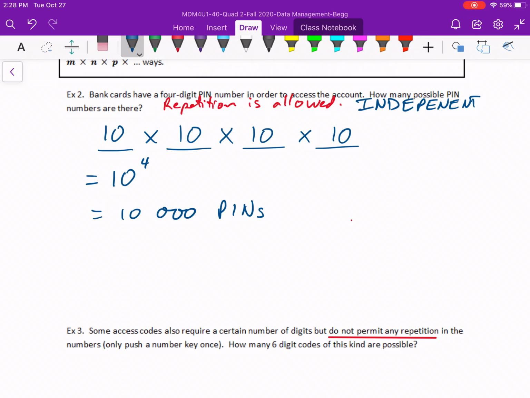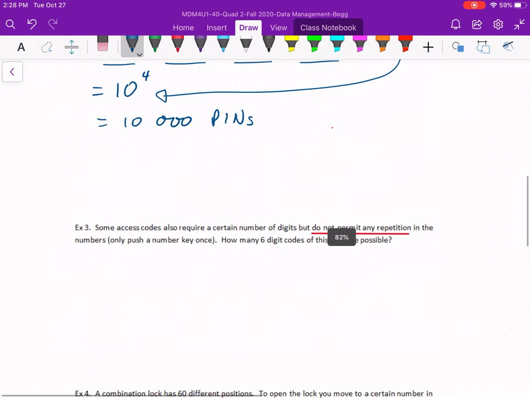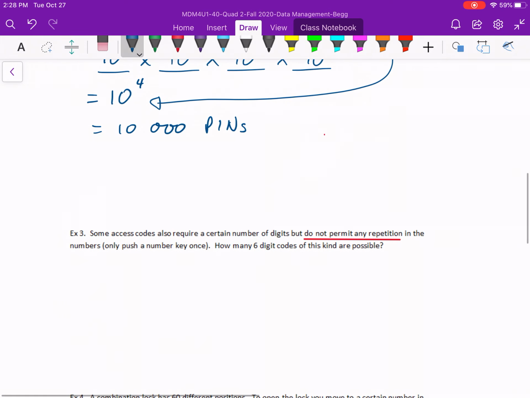Independent events can often be expressed using this exponential form like this. In this case, repetition's not allowed, and so that means that we've got dependent events.